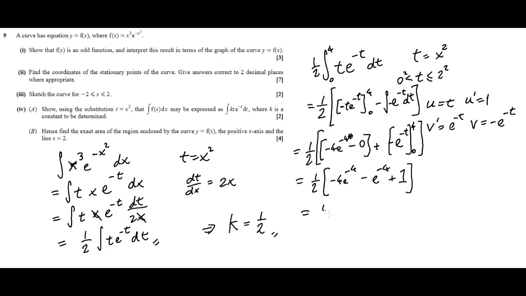Then expand the expression to get half, take 5 halves e to the minus 4. And that should be the answer for 9.4b. And this will be the last answer for this paper.